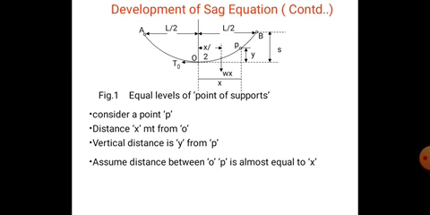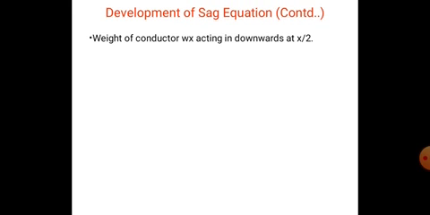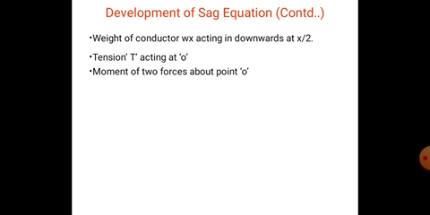Assume the distance OP is almost equal to x, the vertical component is y, and the weight of the conductor is W into x, acting downwards at x by 2 distance. The tension T acts at O, and we take the moment of the two forces about point O.